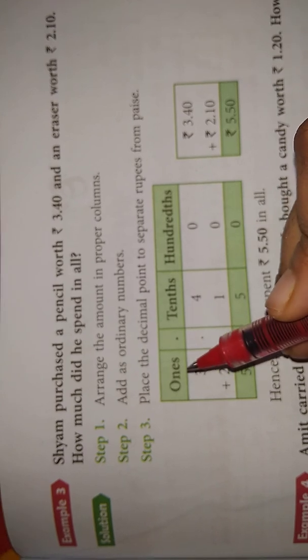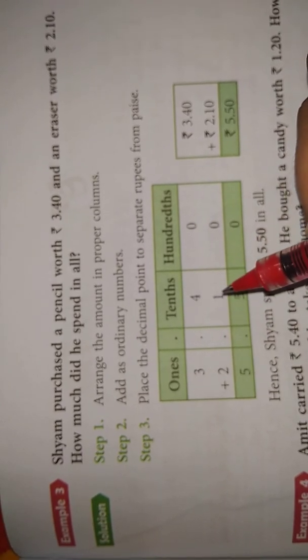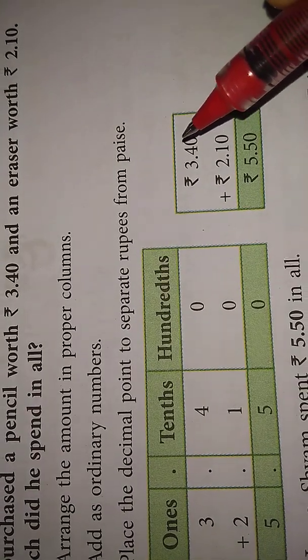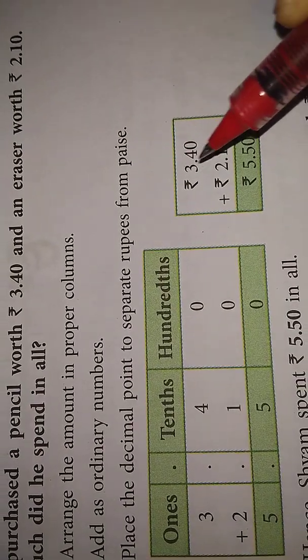Ones will be arranged with the ones, tens with the tens, and hundreds with the hundreds. So we will arrange them like this, and then we will put the decimal to separate the rupees and paise.